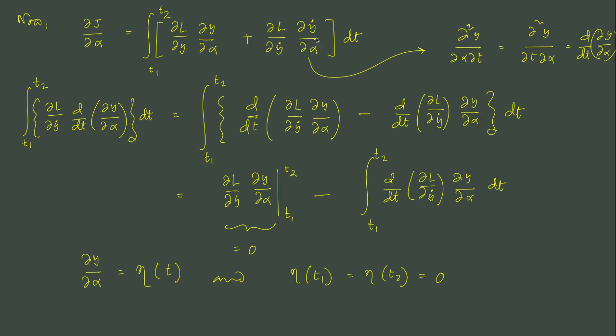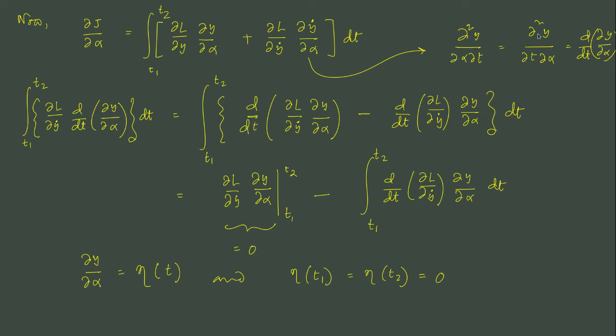Now this last term, remember, y is basically a function of time, it is a coordinate, it does not have any intermediate variable. So as such, the total derivative and partial derivative are the same, so that means the total derivative with respect to time of y and the partial derivative are identical.